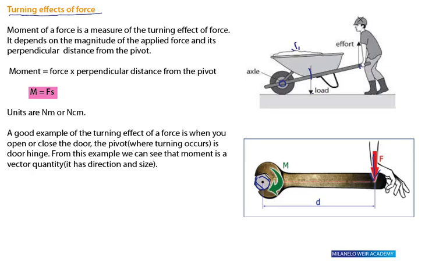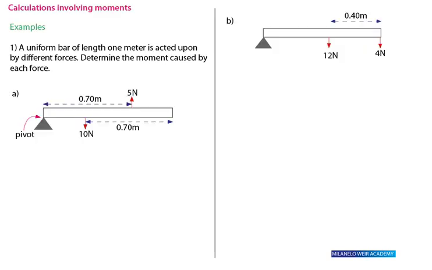So we have F1 and F2, where F2 is the weight, the load. I just wanted to clarify the pivot. This is the pivot where the turning occurs.